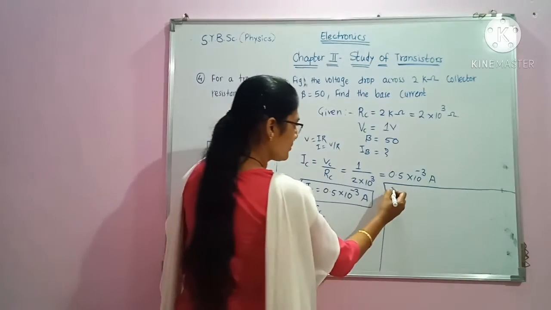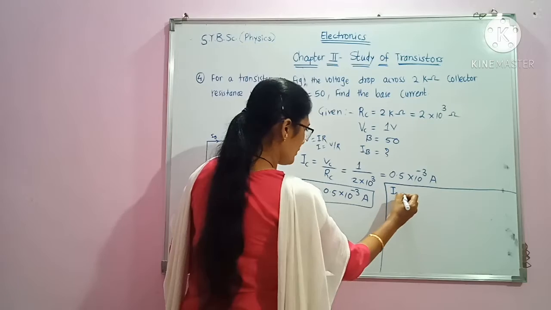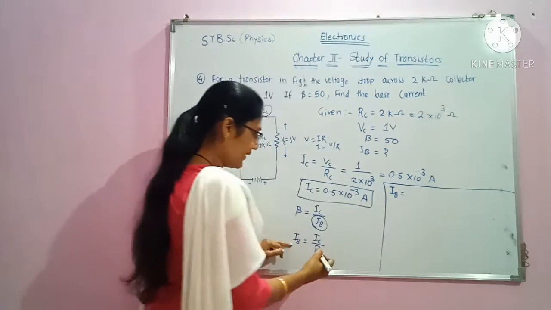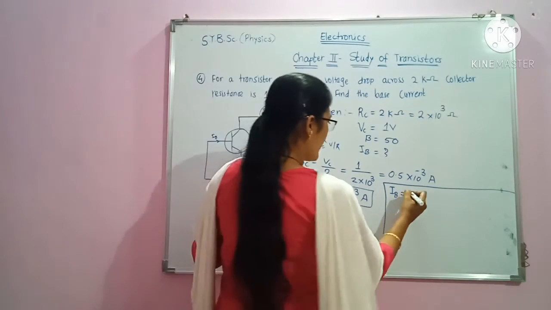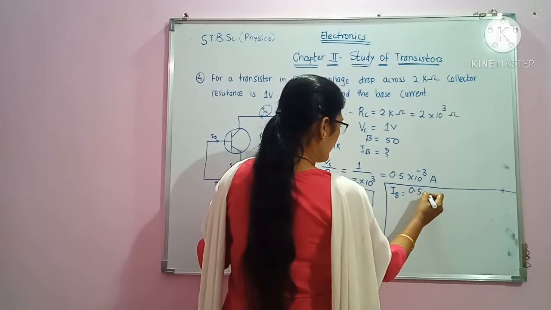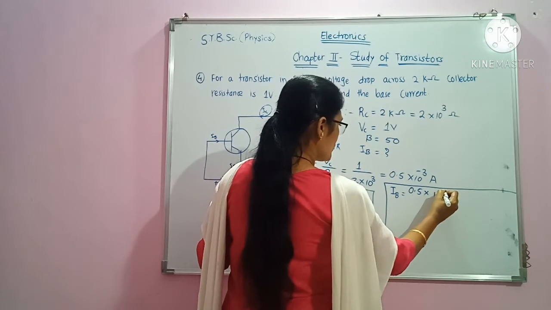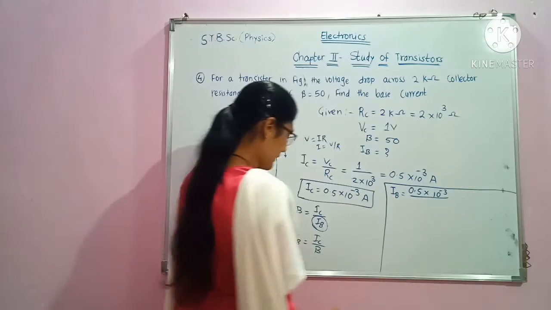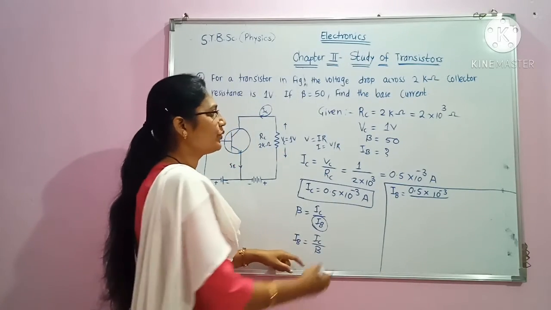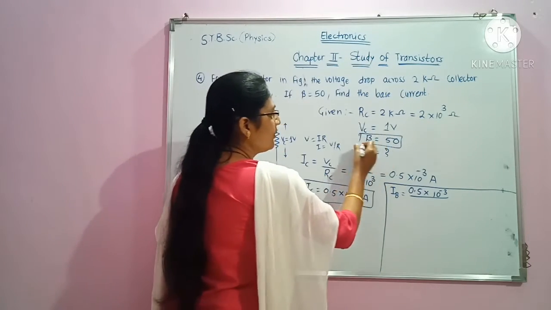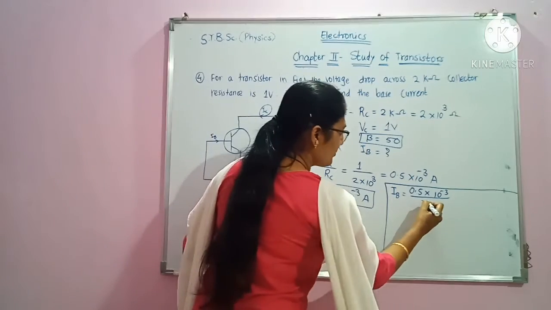We have to substitute the values of IC and beta only. IC, just now I have calculated as 0.5 into 10 raised to minus 3, divided by beta. Beta value is given as 50.